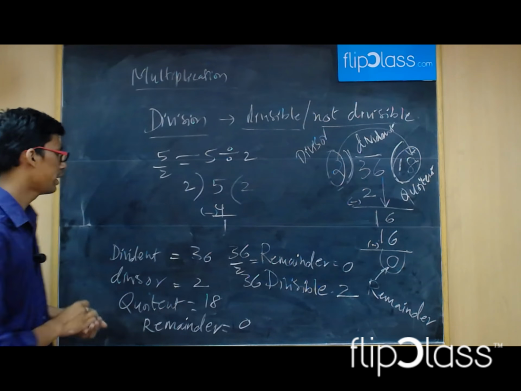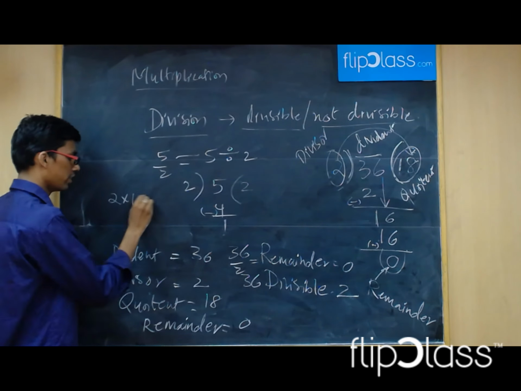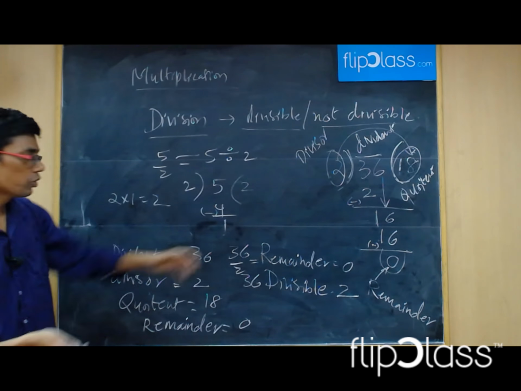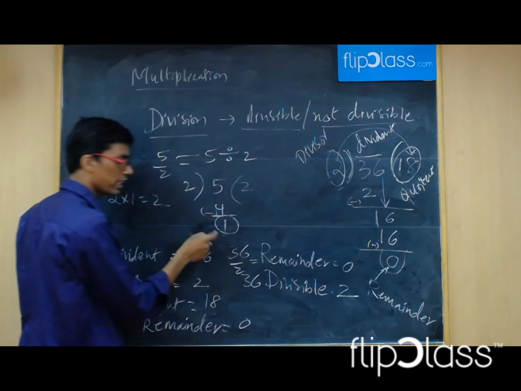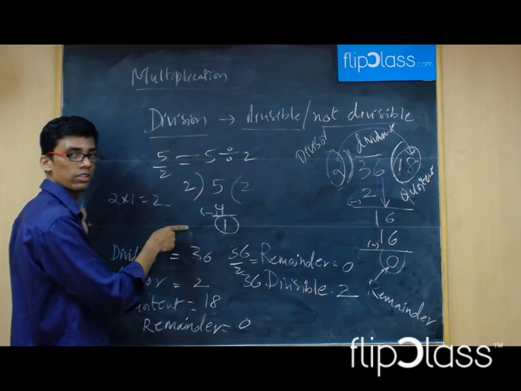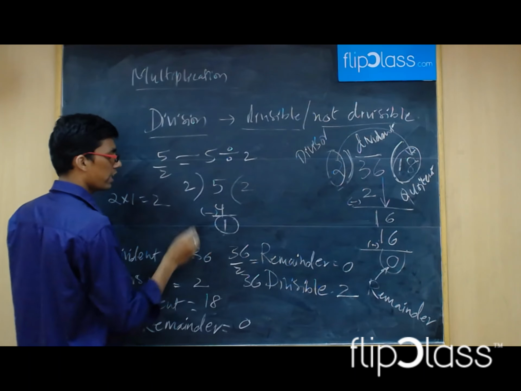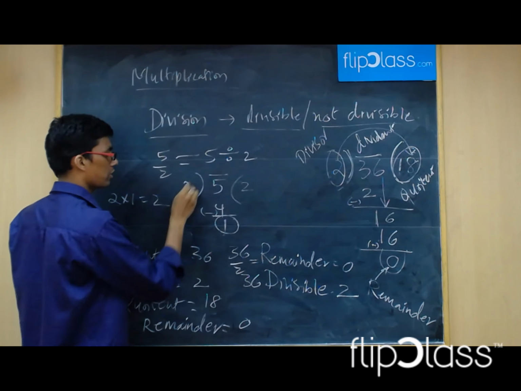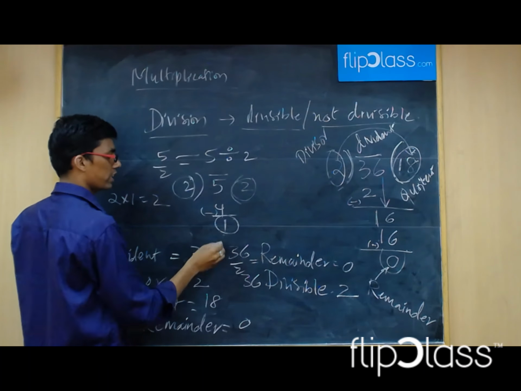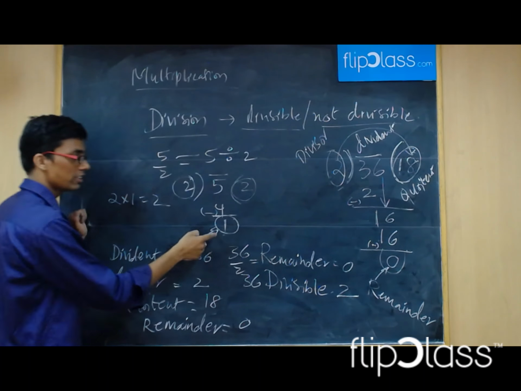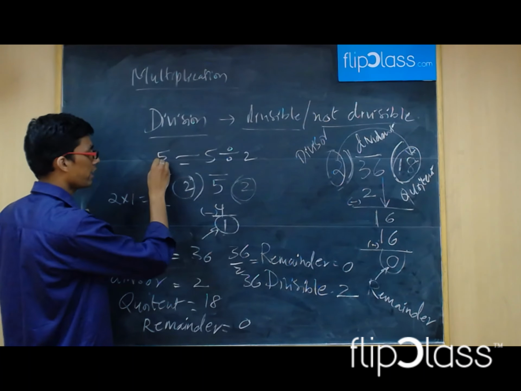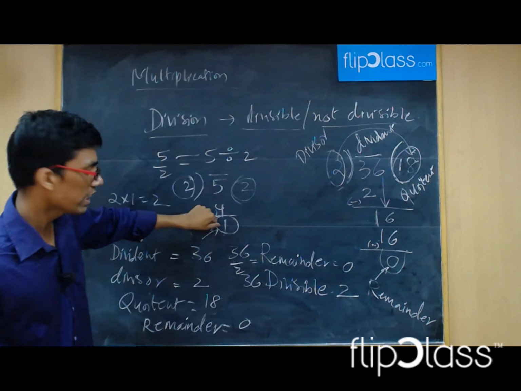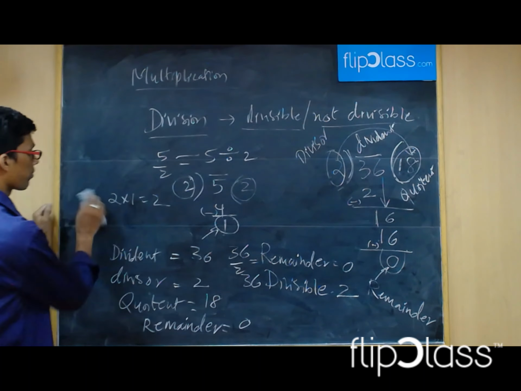If you take the next multiple, 2 into 3, which is greater than this number, so you stop here, there is no other number it can go. So when you are dividing 5 by 2, 5 is the dividend, 2 is the divisor, 2 is the quotient, and the remainder is 1. This is not 0. So this number 5 is not divisible by 2, which means the remainder is not 0.